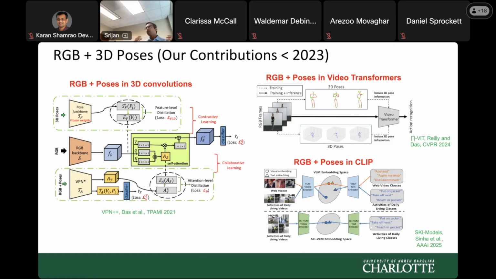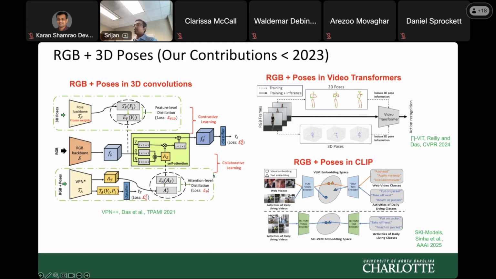So we have been working a lot on approaches combining RGB and 3D poses. We did that in 3D CNNs. Then with vision transformers, we did the same with video transformers. And now with foundation models, we also introduced poses into these foundation models, where RGB and language are already aligned.